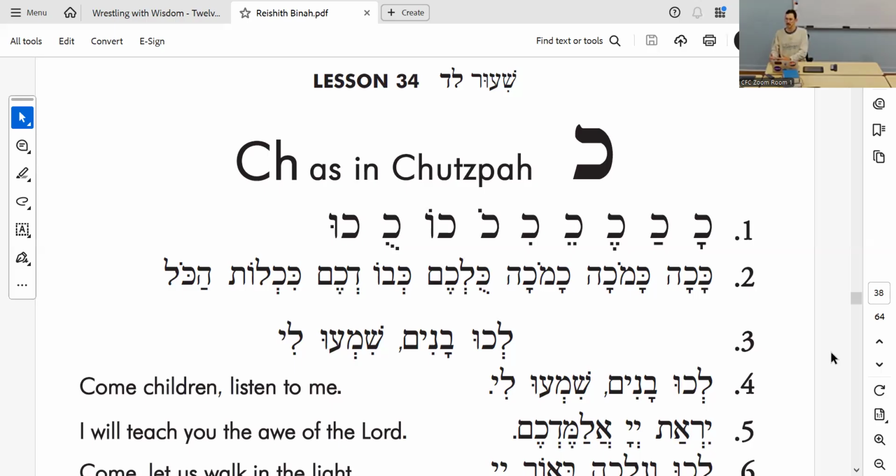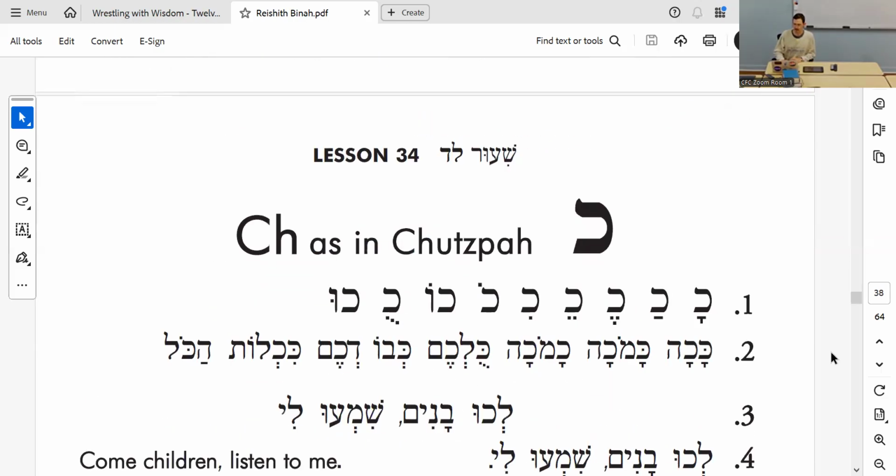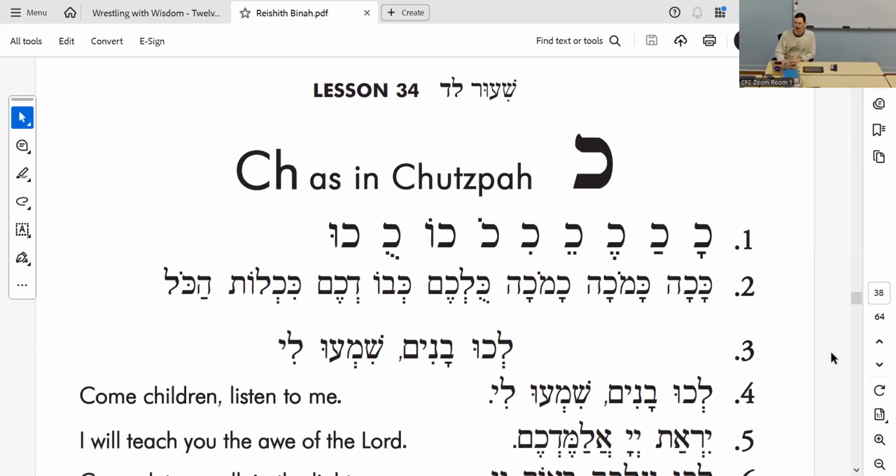If you ever stumble upon, like in Old Testament commentary, which is going to be a little bit more technical, we have the academic standard of transliteration in there. And there are more modern ways of doing it. So CH is ch, as in chutzpah. I thought it was very interesting that they chose to use that word as the example.